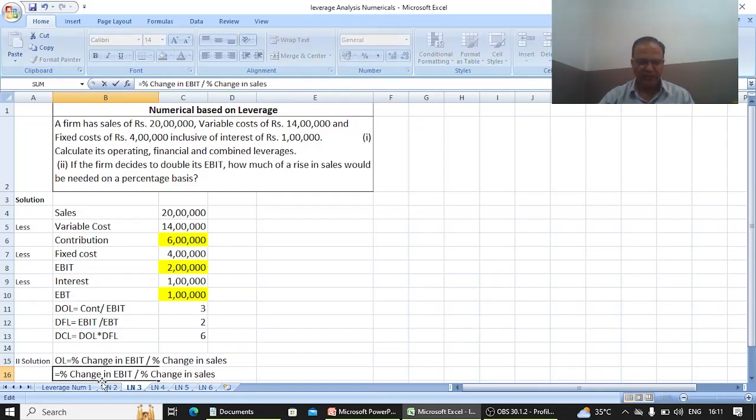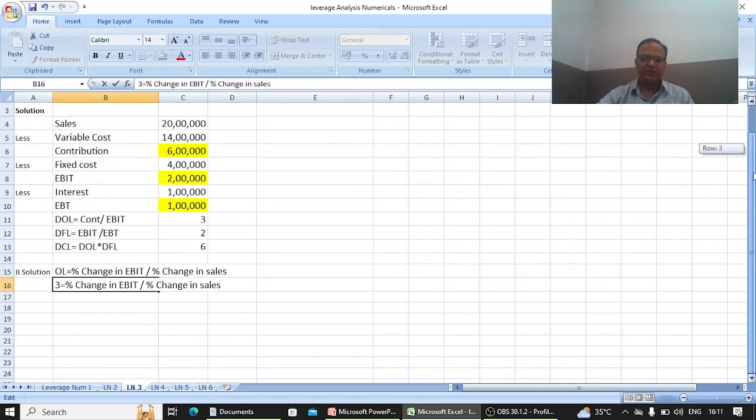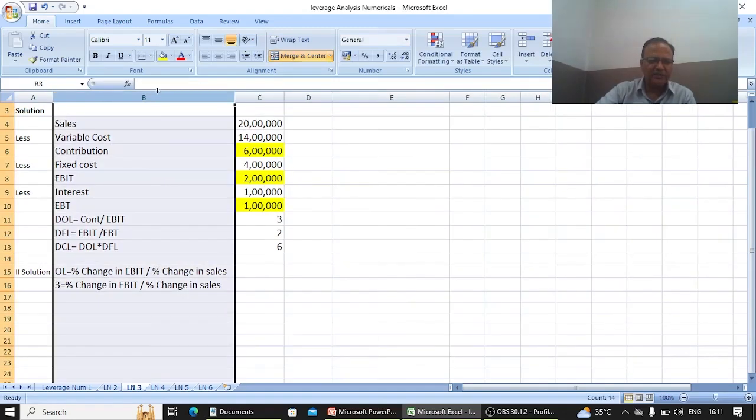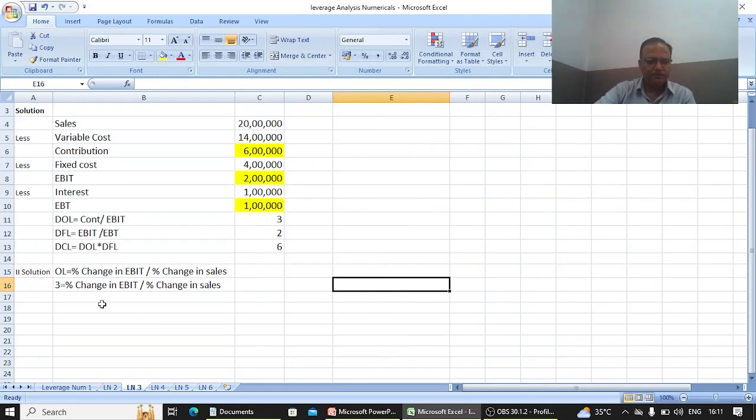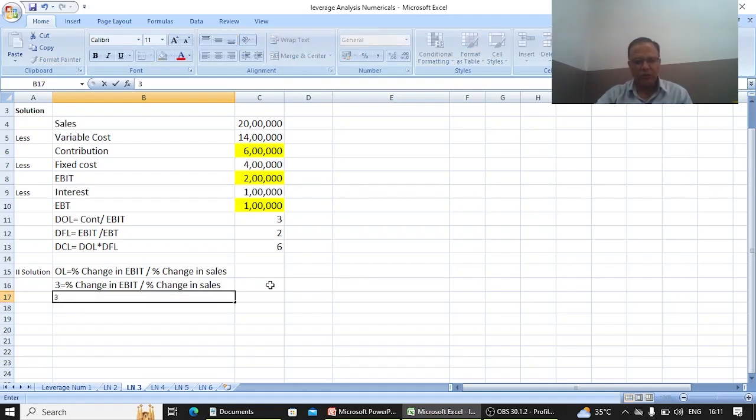Because in this question it was given that operating leverage is equal to 3, so I am using this equation. 3 is equal to percentage change in EBIT divided by percentage change in sales. Now, 3 is equal to percentage change in EBIT.